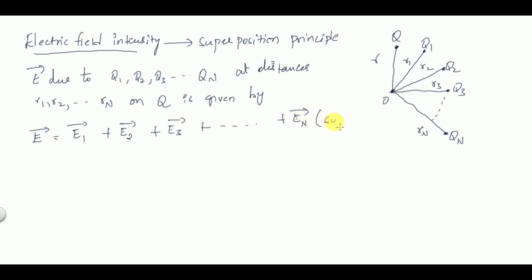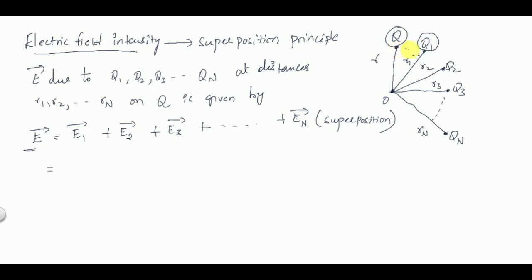This is called the superposition principle. So the total electric field intensity is equal to the sum of the individual electric field intensities. What is E1? E1 is the electric field intensity due to Q1 on Q.